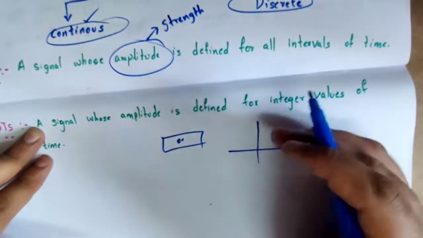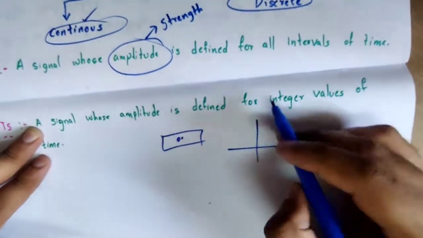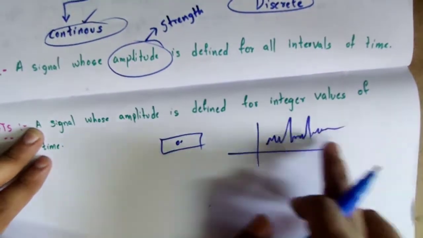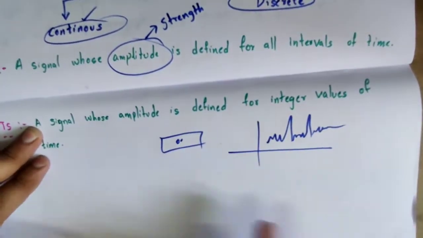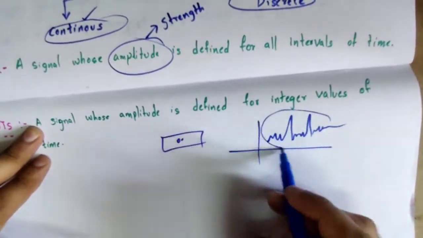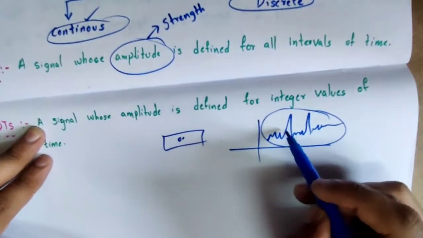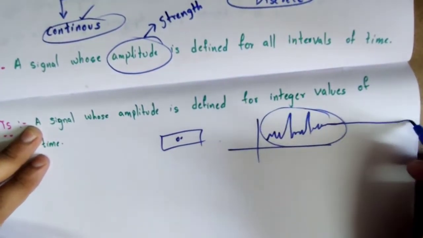The heartbeat is measured with the help of some machine, and it is displayed on a screen. So how will it be? Like this. In this way the heartbeat is being measured. So this is known as the strength of the heartbeat. When the heartbeat is more, you will be getting a larger wave like this. If a person is dead, it will be saturated, right?